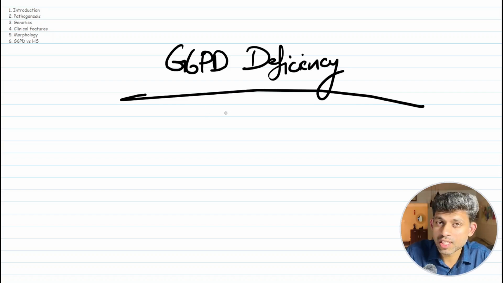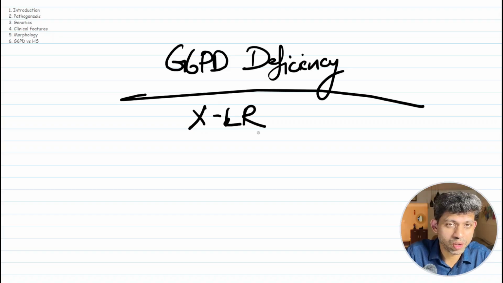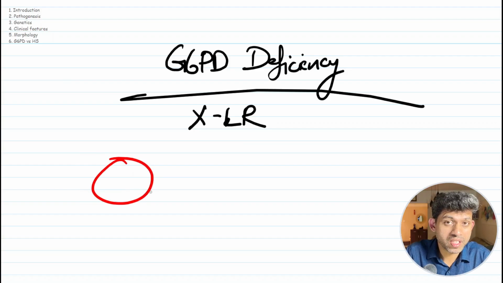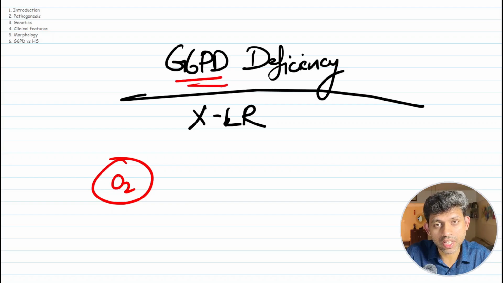To summarize, G6PD deficiency is an X-linked recessive disorder. It is pretty common around the Mediterranean region and North and Central African regions. Here, RBCs are destroyed because of oxidative stress, which is normally managed by G6PD, but here in these patients, the enzyme is defective.